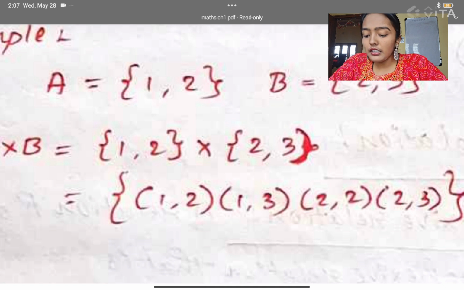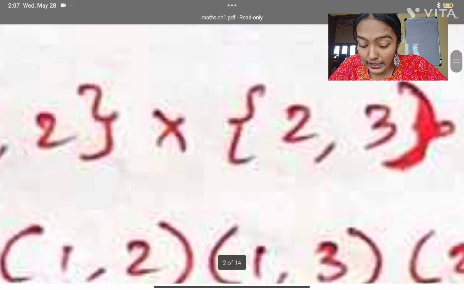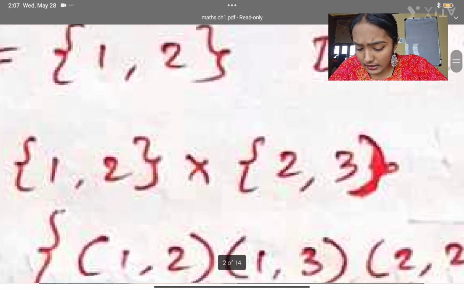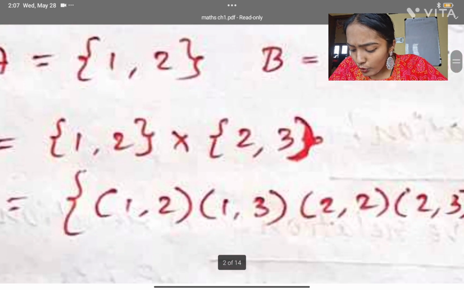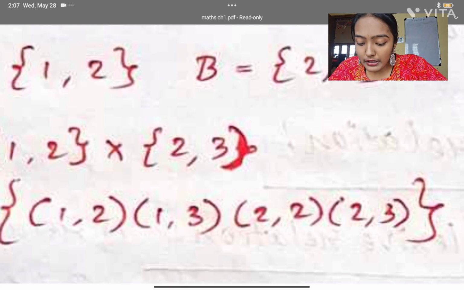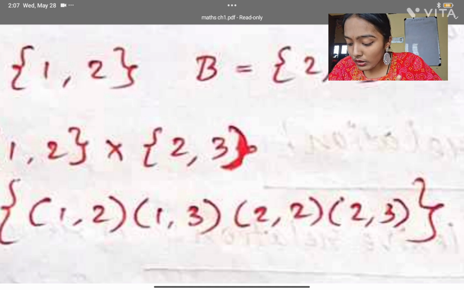Then the second element of set A with the first element of set B gives (2, 2). And the second element of set A with the second element of set B gives (2, 3).